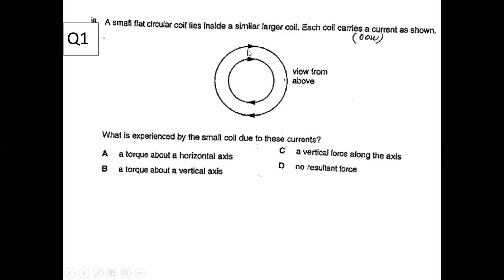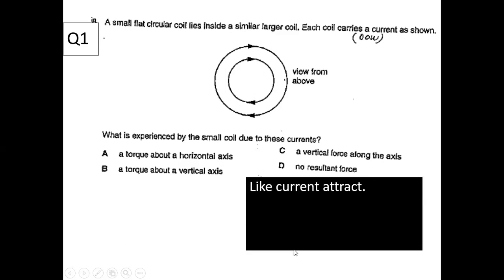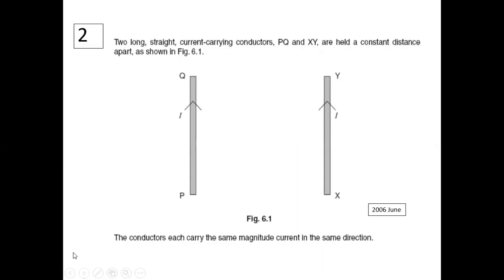The two forces are equal and opposite, so they balance each other, so no resultant force. Like currents attract. You can take this side, the same thing. This will be pulled to the right, this side will be pulled to the left, so they are equal and opposite.